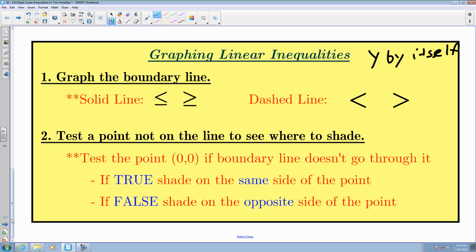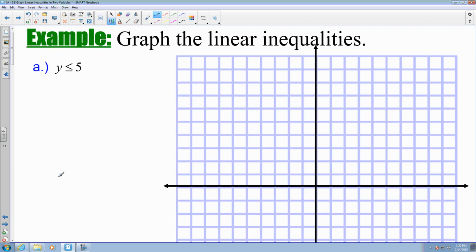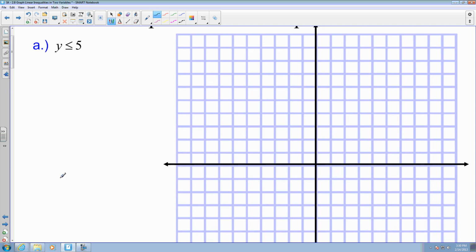So let me show you what I'm talking about. For my first example, I want to graph this inequality, which is y is less than or equal to 5. If I just pretend this was y equals 5, that's going to be a horizontal line at the point where y equals 5. So 1, 2, 3, 4, 5. And it's a solid line because of the less than or equal to.